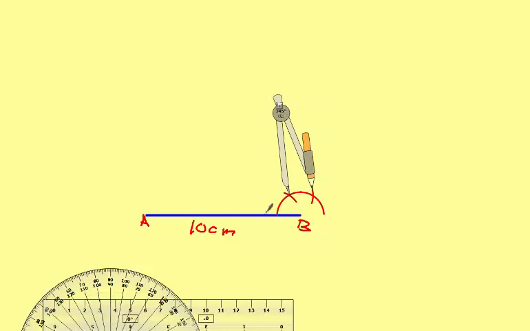So what I'm going to do now is to bisect angle 60 and angle 120 so that I can construct my 90. So from this point, I draw my arc. I hope you are following. Good.